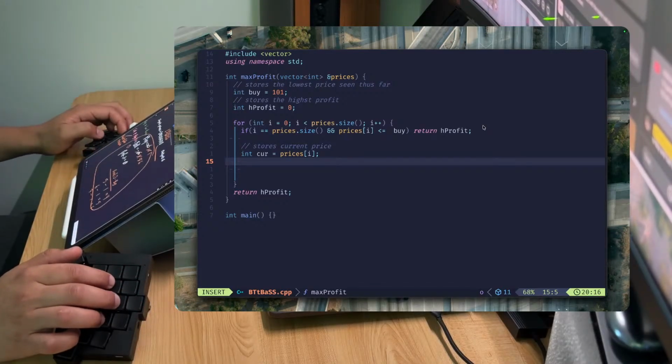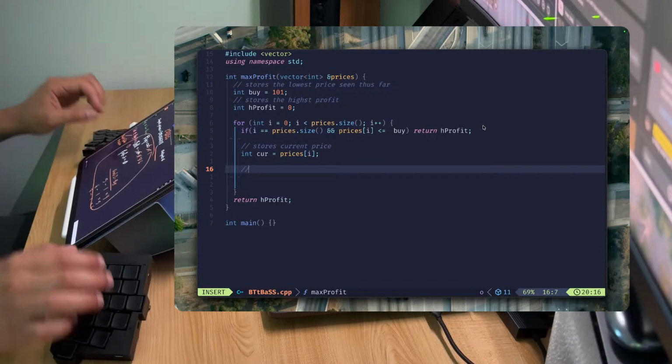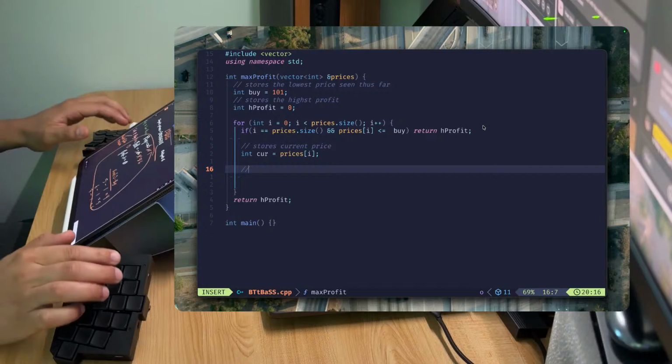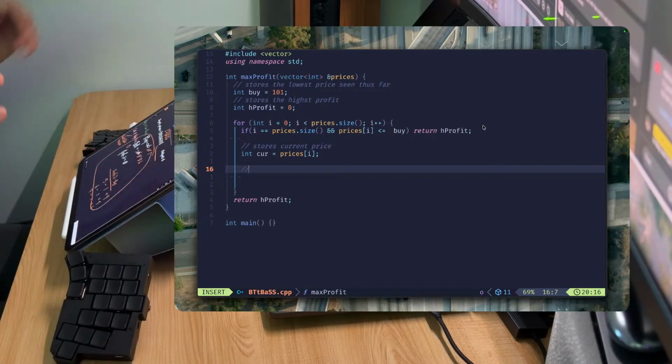So we want to store the current price. We always want to check if we update buy. So by updating buy, we could disregard anything we've seen so far, meaning high profit becomes 0.